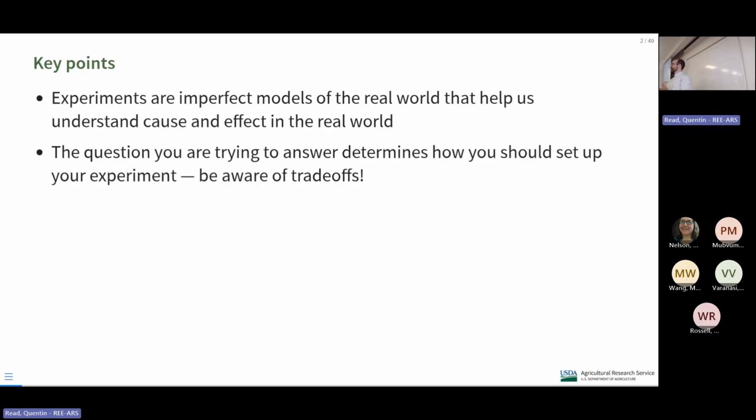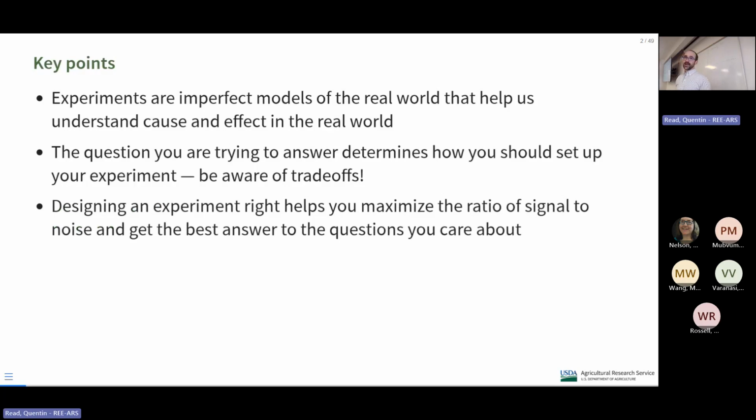As I just mentioned, you have to consider specifically what hypothesis you're testing or what scientific question you're trying to answer when you set up an experiment. And there are trade-offs. A design that is good for answering one question isn't ideal for another. We'll talk about trade-offs, pros and cons, as we go today.